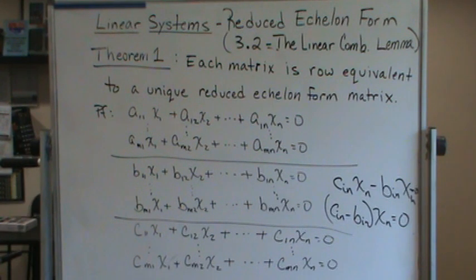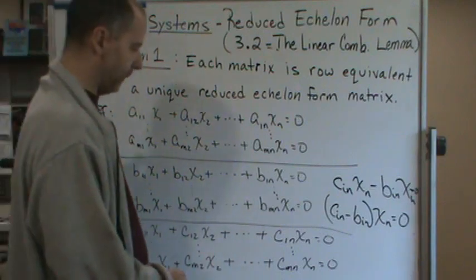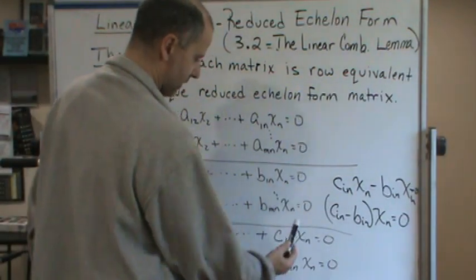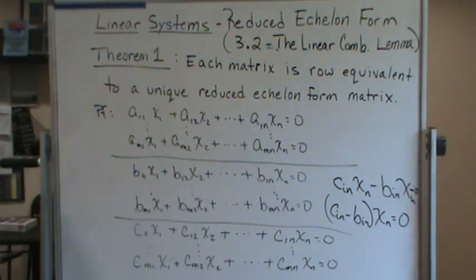And both leading entries would have to be 1, and would have to be the only non-zero entries in that column. And if that's the case, then guess what? This system and this system has to be the same. So B would have to be equal to C. And that's the end of the proof.